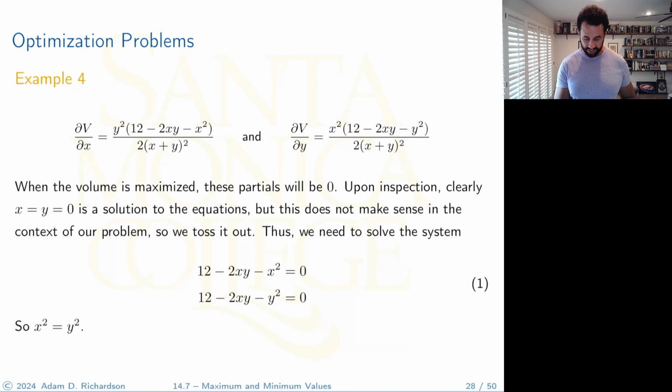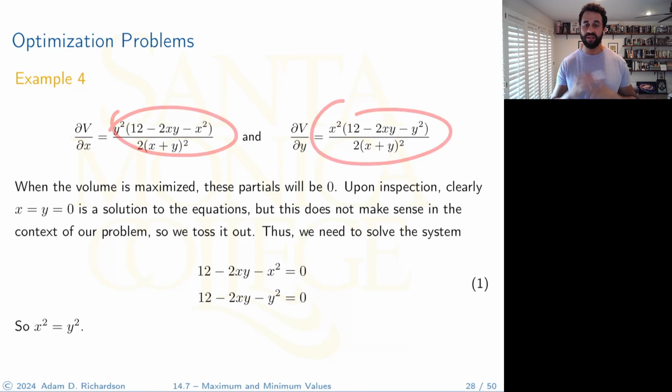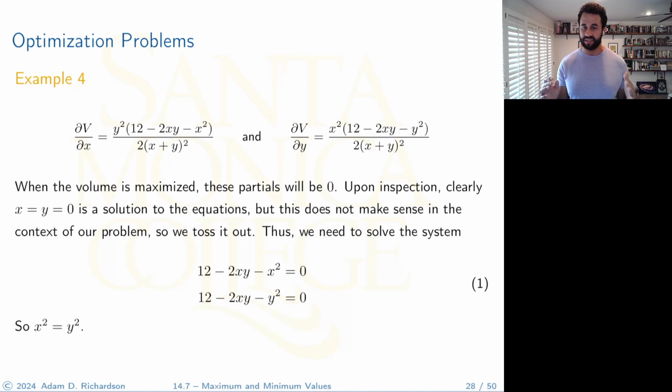Now, upon inspection, just like looking at the formulas, we can immediately see that setting x and y equal to zero gives us a solution to these equations, right? So if we set these equal to zero and ask what could x and y be, well, a very basic answer is, oh, make y equal to zero, make x equal to zero. But that doesn't make sense in the context of our question, right?